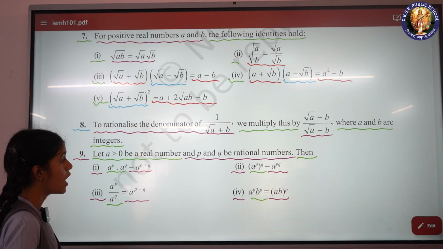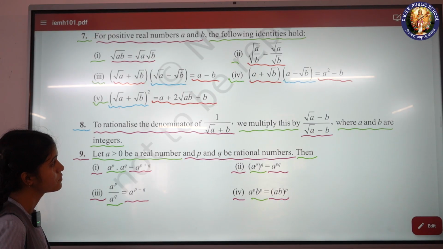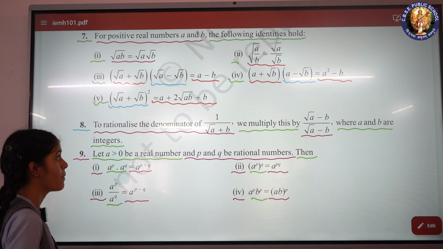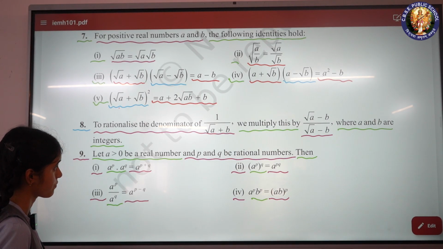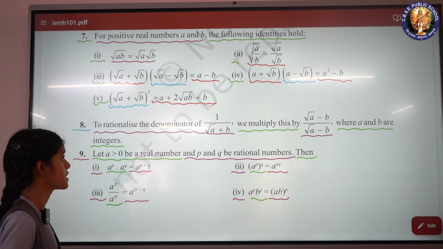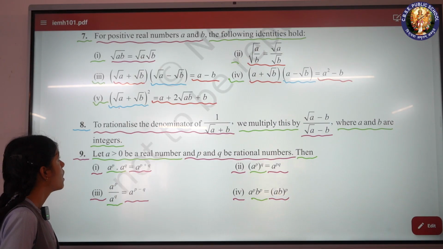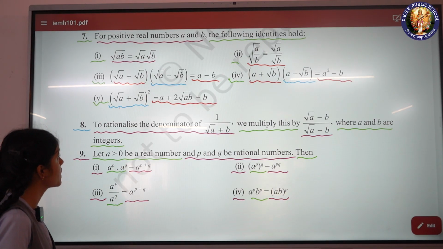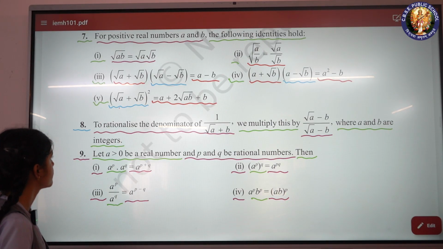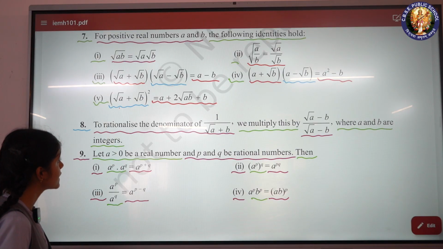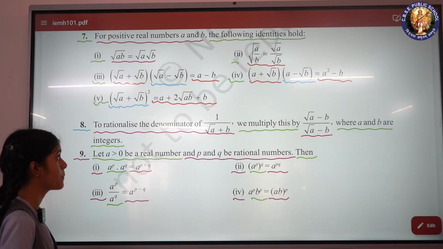Fourth, under bracket a plus root b into under bracket a minus root b is equal to a square minus b. Fifth, under bracket root a plus root b whole square is equal to a plus 2 root ab plus b.